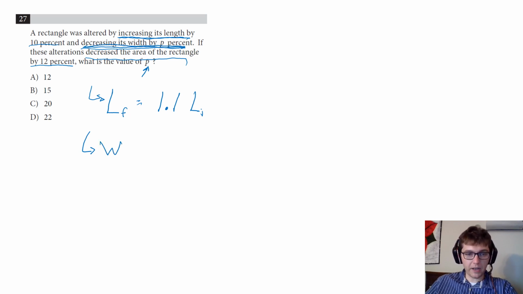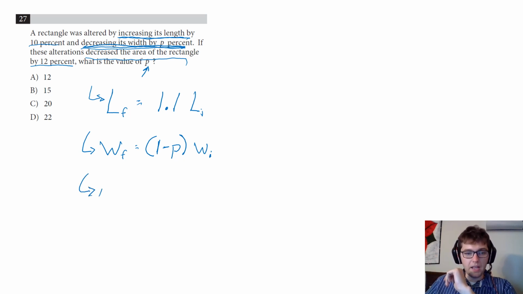So you have the width final is equal to the width initial, but decreased by p. If you just multiplied it by 1, it would be 100%, but it's not. You subtract out this p%, the percent represented as a fraction, times the width initial. So you multiply by this lower than 100% number to get the width final.